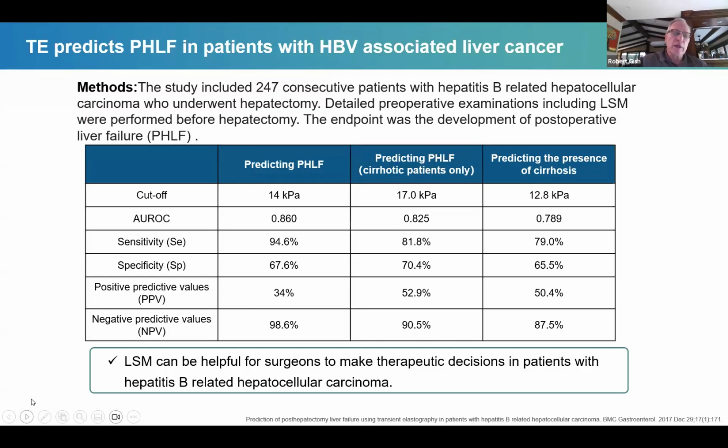Now, of course, they're going to look at platelet count, and they're going to look at bilirubin, or you may look at bilirubin, you may look at platelet count, and use that in combination with this liver stiffness. If you have a patient who potentially is marginal for hepatectomy, this really does help you complete informed consent. You really do want to give that patient the most information before they consent to a surgical procedure.